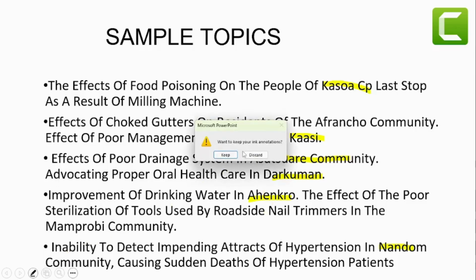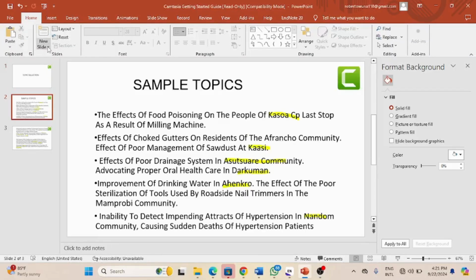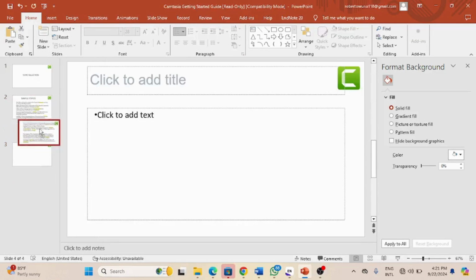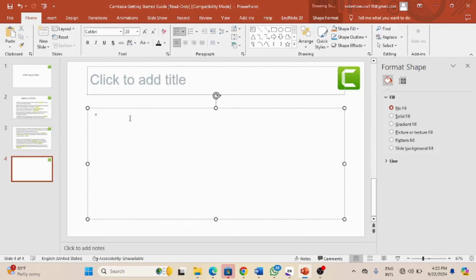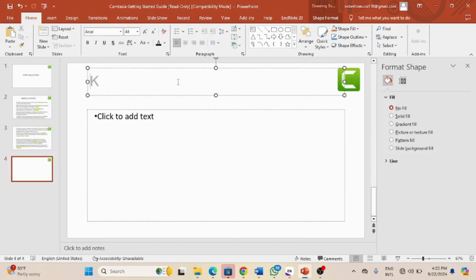So let's see. Let me add one slide. So you can see that the key takeaway from these samples of topics, so key takeaways.